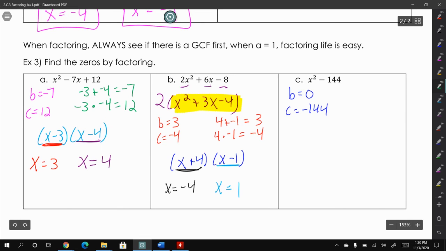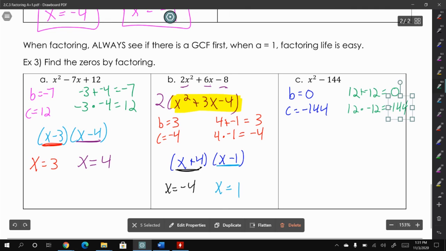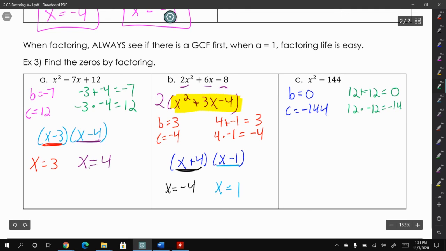So two numbers that add to 0 but multiply to negative 144. So that is going to be 12 and negative 12, because 12 plus negative 12 is 0, and 12 times negative 12 is negative 144. So our two magic numbers are 12 and negative 12.